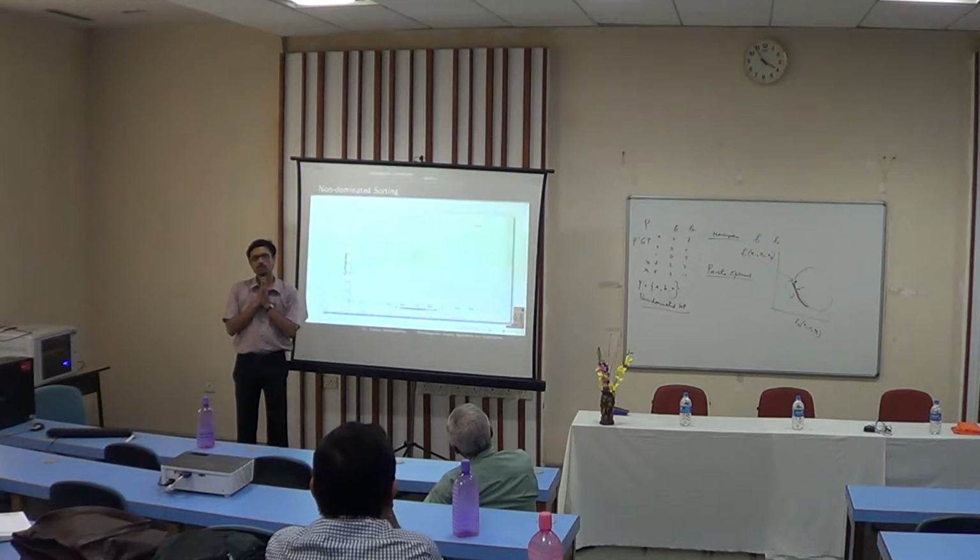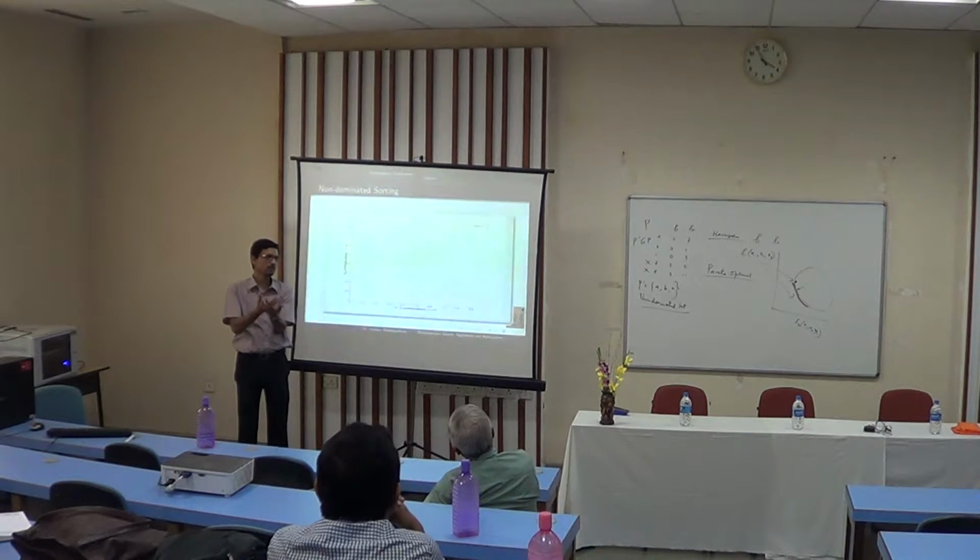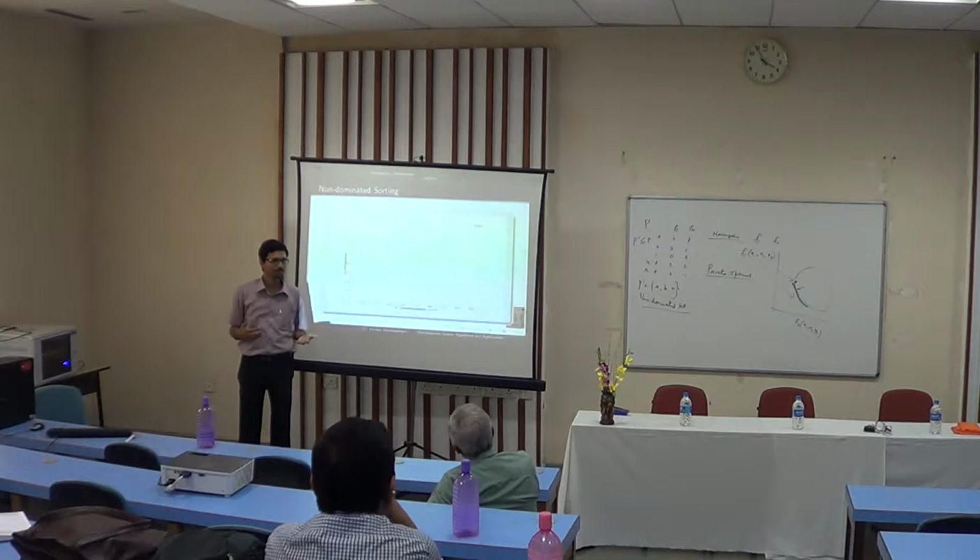But generally, to ease the implementation, we convert all the objective functions into one particular form, either minimization or maximization. Suppose there are two objective functions of minimization type and one of maximization type. The maximization objective can be converted into minimization just by taking the reciprocal of the objective or the negative of the objective value. That will be converted into minimization, and then it will be easier to implement.